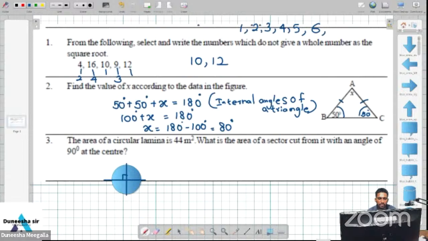Area is equal to... we are cutting a 90-degree piece. What is this? Area is 44 square meters divided by 4. It's 11 square meters. Okay.